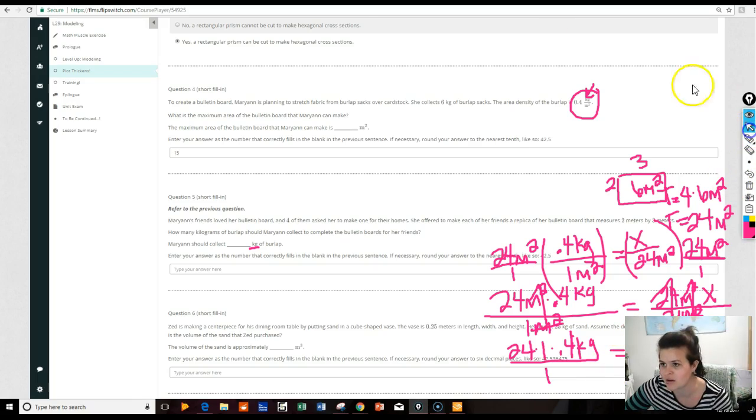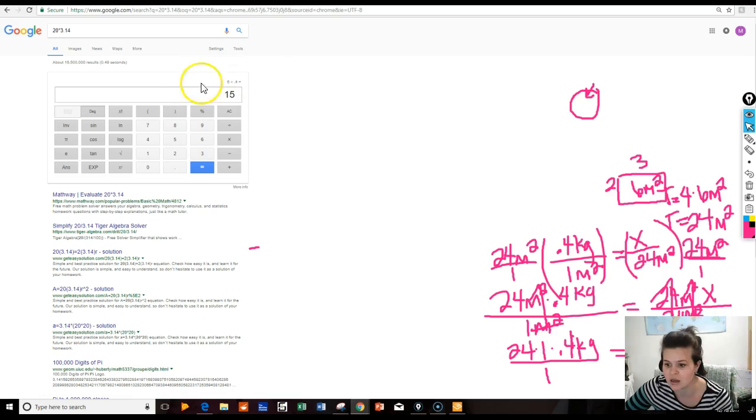So then in my calculator, I'm going to type in 24 times 0.4. The reason I didn't include 1 is because multiplying by 1 does not change that value. And so we can just take 24 multiplied by 0.4, which is 9.6.